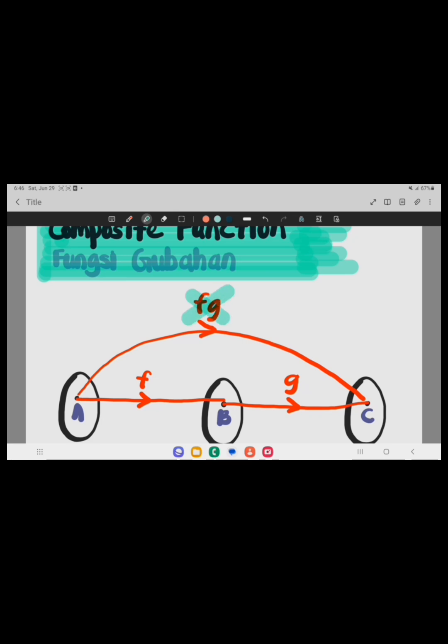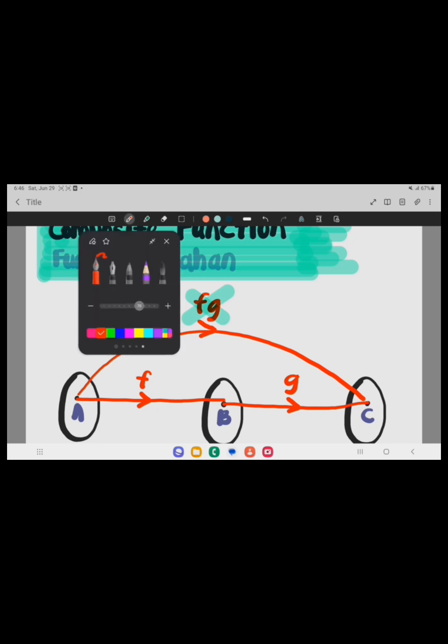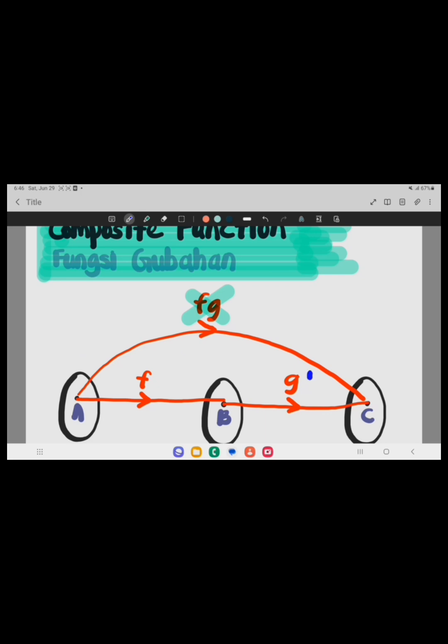It's not fg. Here you have to understand the concept that when you want to read a composite function, it must always start from your right hand side. In this case, on the right hand side we have function g. So you must always start writing the function on the right hand side first, which is g, and then on the left you have the f function.